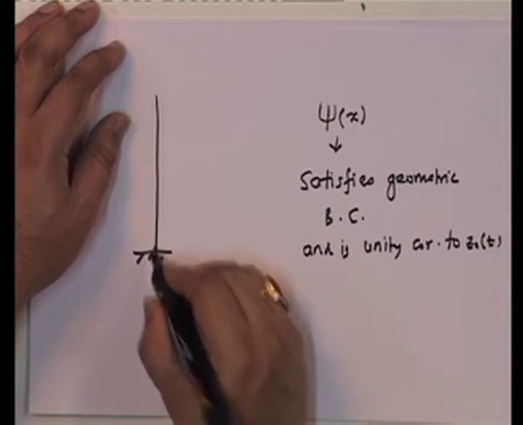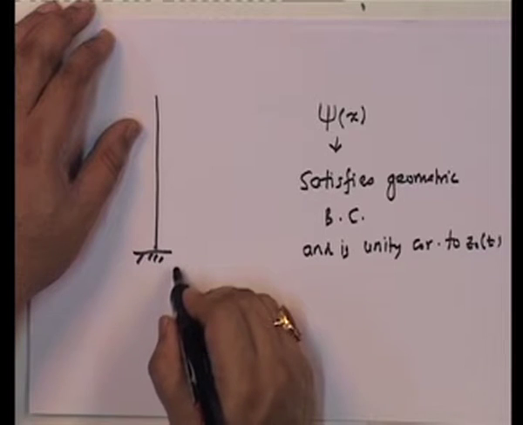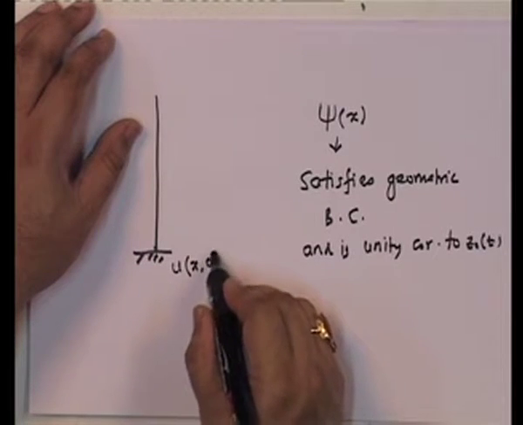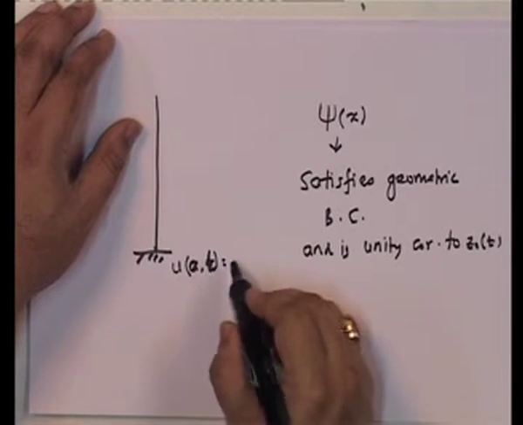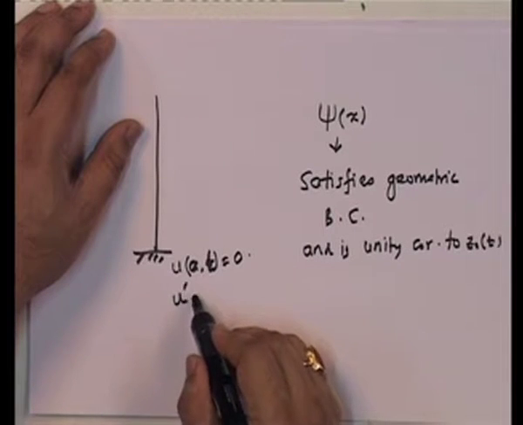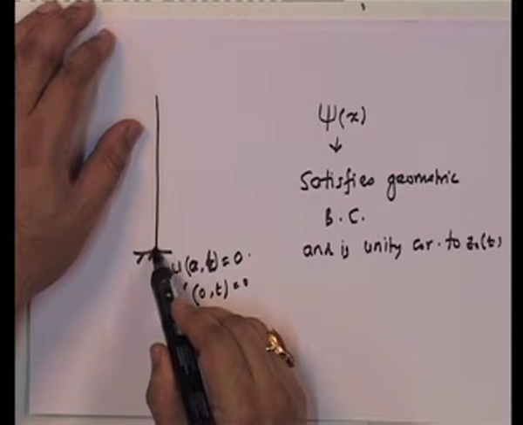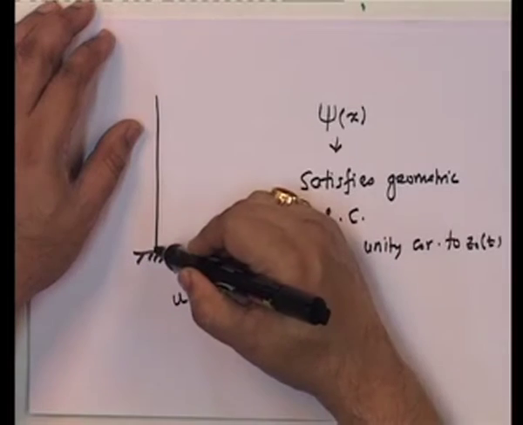Now in this particular case, what kind of xi(x) would I have? What are the geometric boundary conditions? They are that u(0,t) is equal to 0 and u'(0,t) is 0. Displacement in this direction is 0 and the slope is 0.